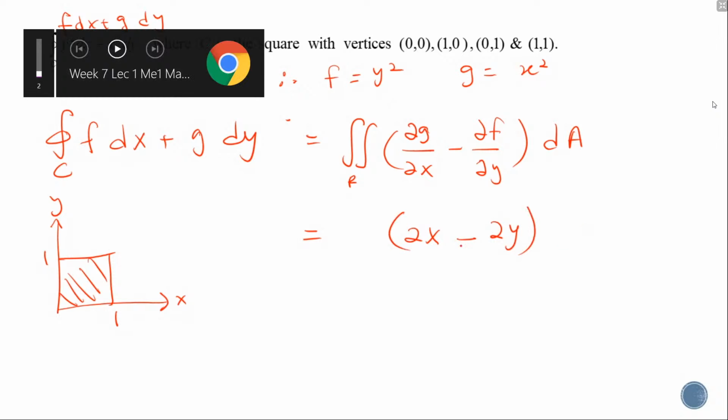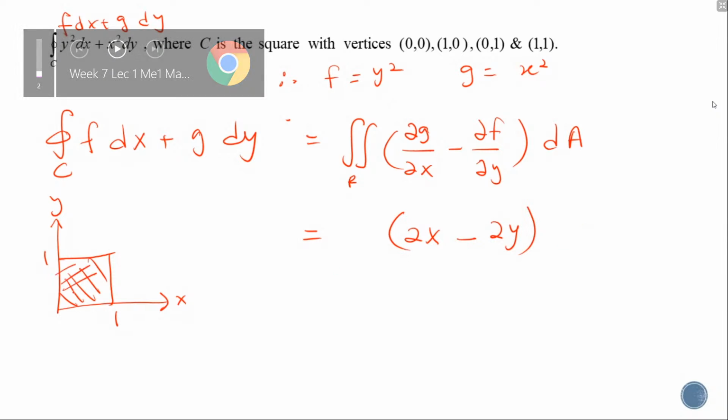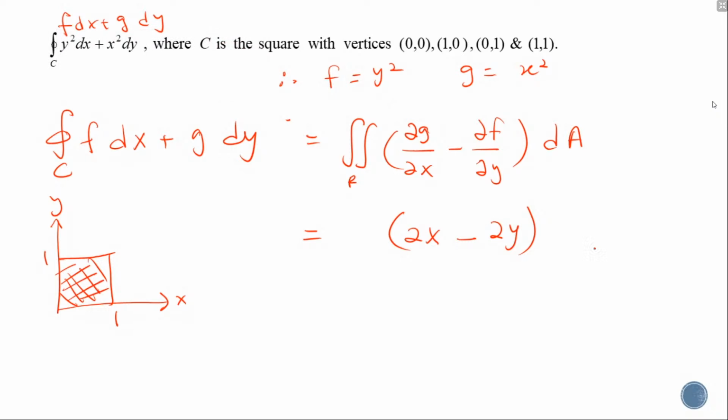Because here it is rectangular, you can integrate with respect to x or y first, up to you. Here I use dx dy. The limit for x is from 0 to 1, and y is also from 0 to 1.